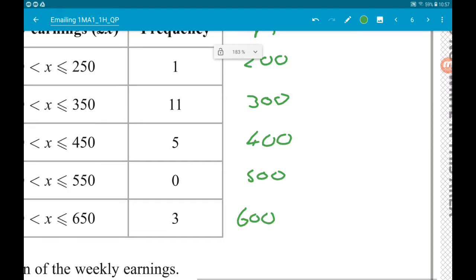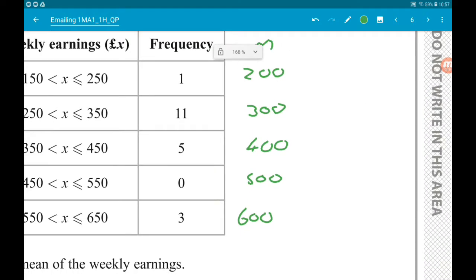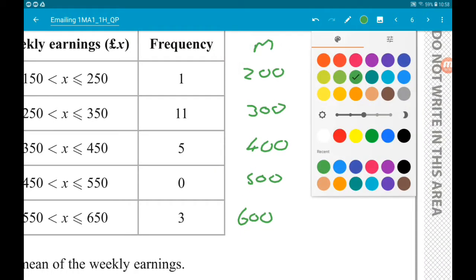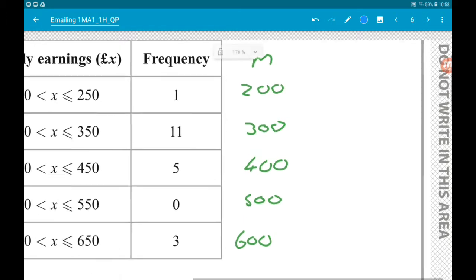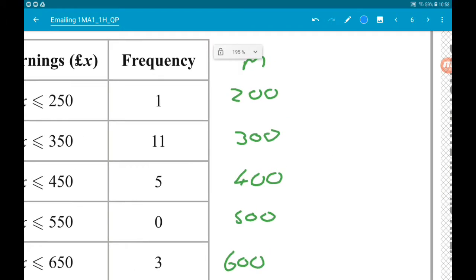Okay, and the next thing we do is multiply the frequency by the midpoint. So we'll call that MF.